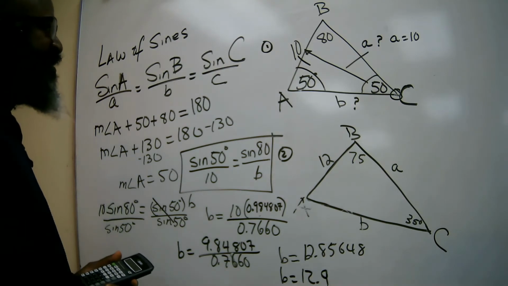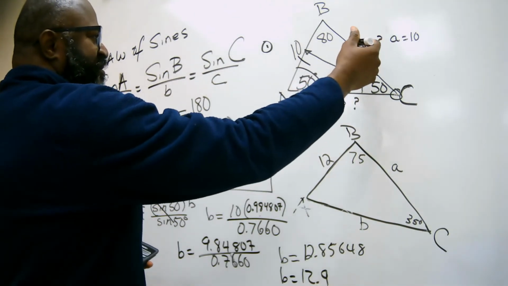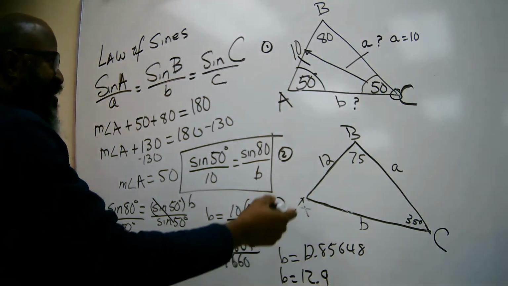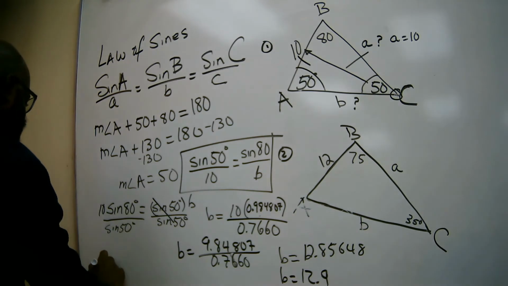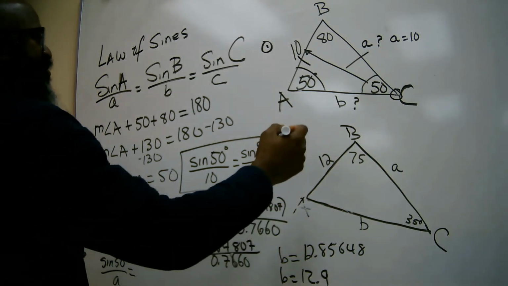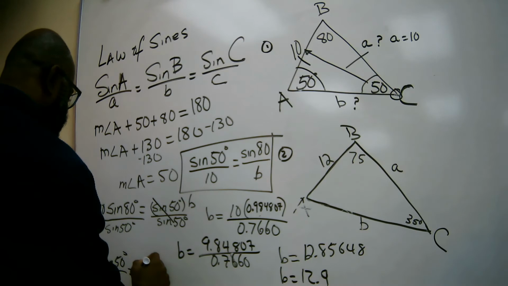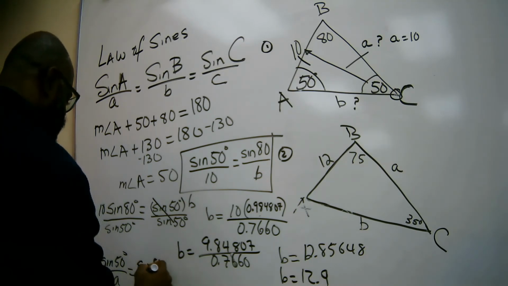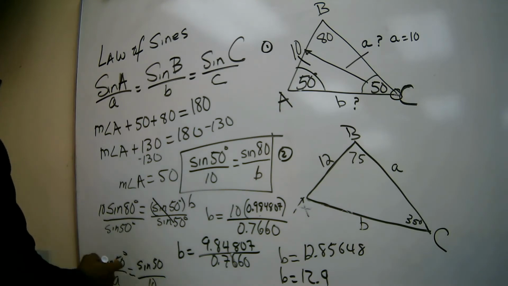As you can see, that will have the same thing, so you don't need to do that. If you set it up, that will be sine of 50 over A is equal to sine of 50 over 10. When you cross multiply, this sine is going to cancel.